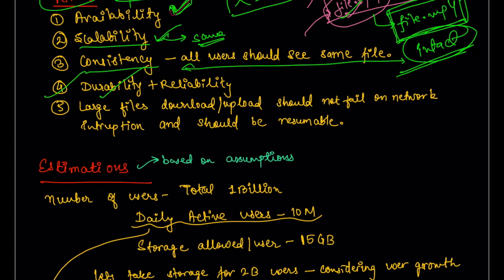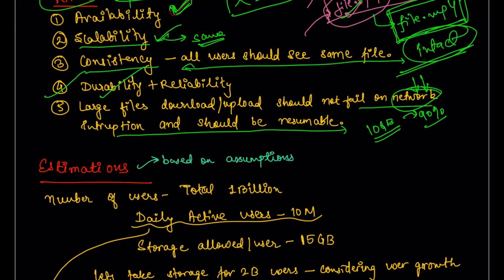Got it? Now another is large file download upload should not fail on network disruption and should be resumable. So what we mean by this is that as you upload large files, let's say your file size is 10 GB. Now you don't want to be in a scenario that your 90% upload was successful, and once your 90% upload was successful, your internet went down. Okay, this network disrupted, your internet went down.